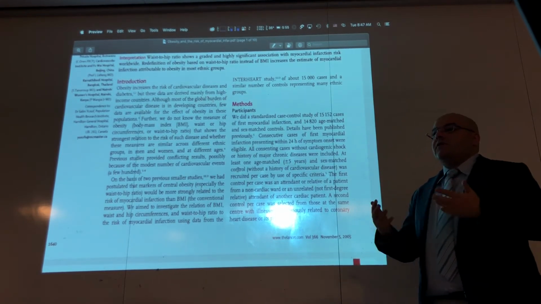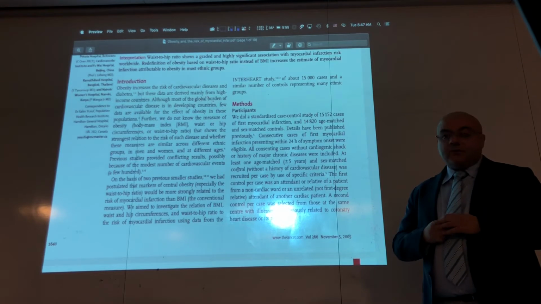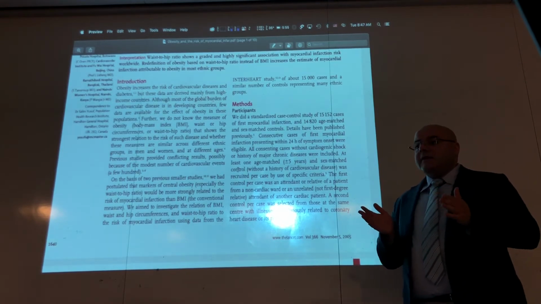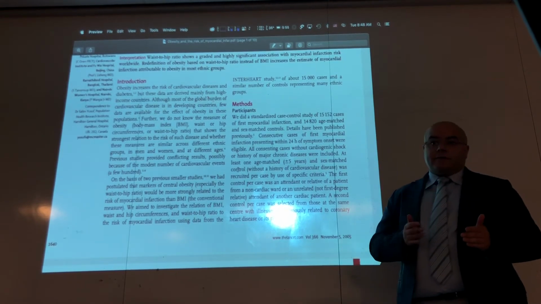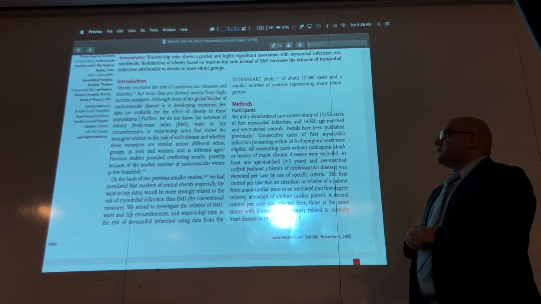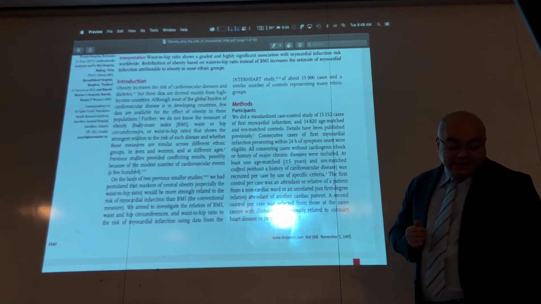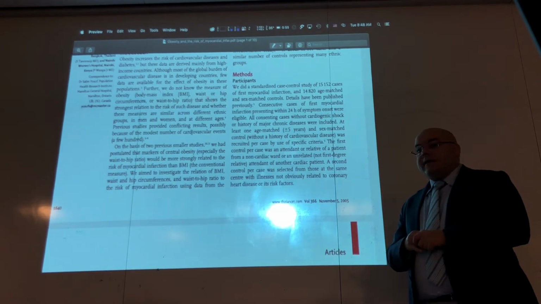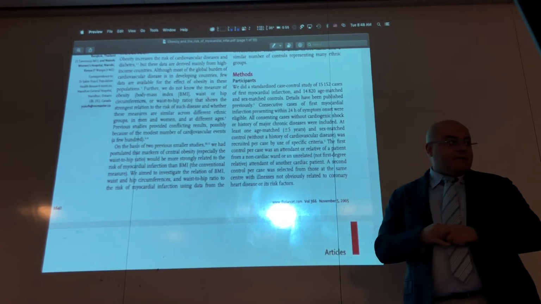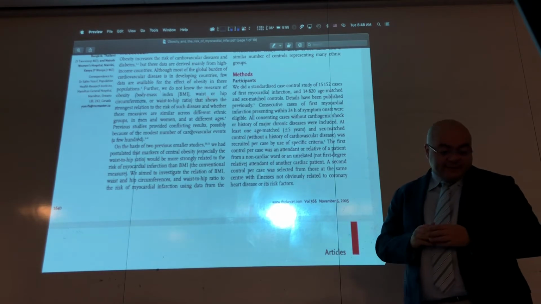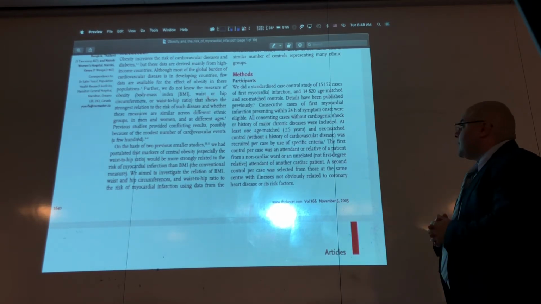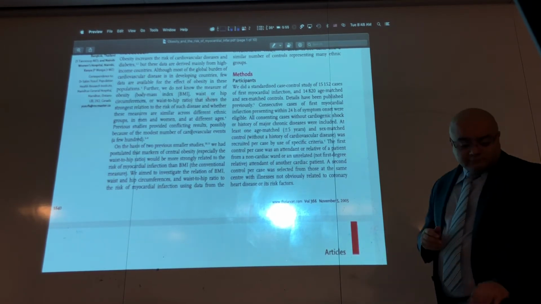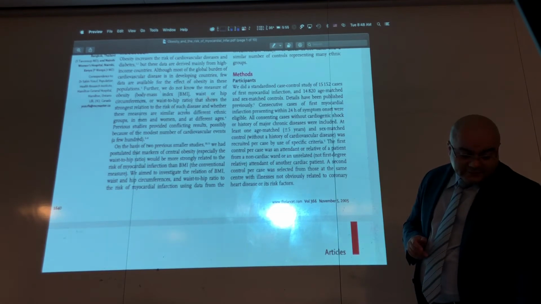Not everything will be mentioned, especially since this STROBE statement is designed for both case-control studies and cohorts. That is why many of these aspects are not present. And there is no follow-up because it's a case-control study. In a cohort we have a follow-up period. And we have data collection.